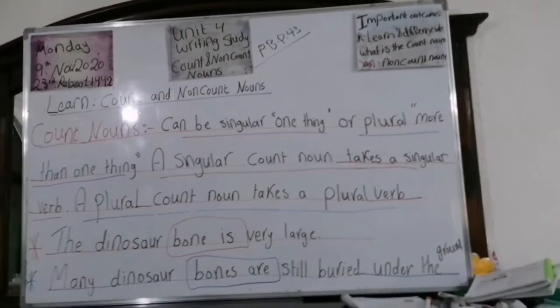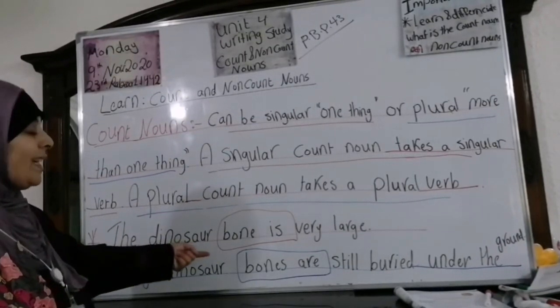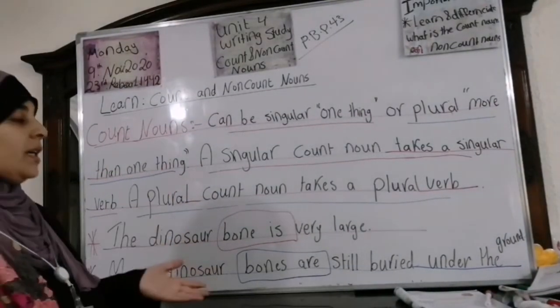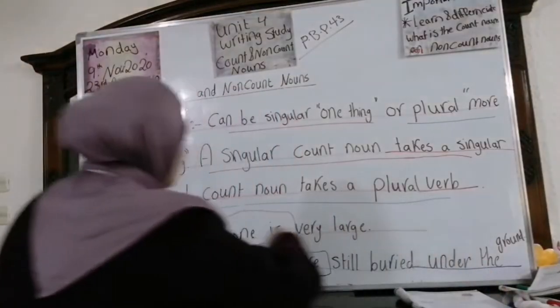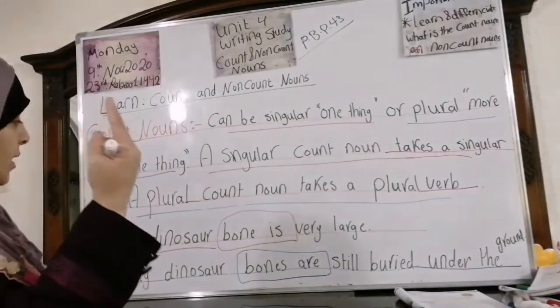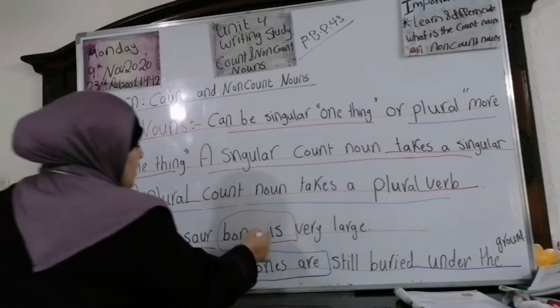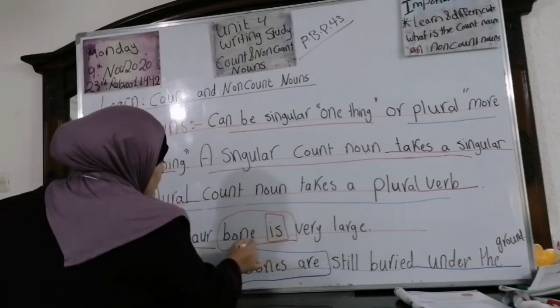Look. We have the dinosaur bone is very large. The dinosaur is what? It is singular. And the bone here, singular. What's the verb with this noun?